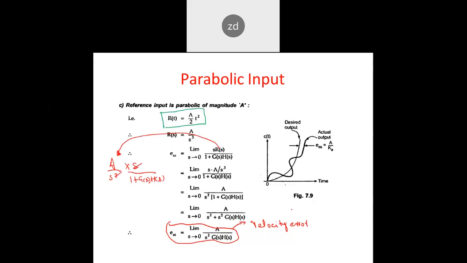The term would be A divided by S square plus S square G of S H of S, and here the limit S tends to 0.